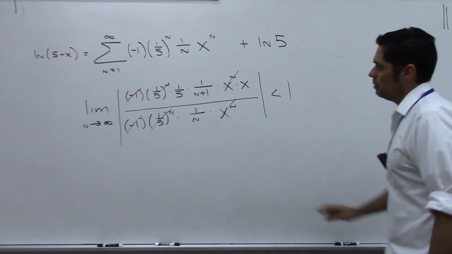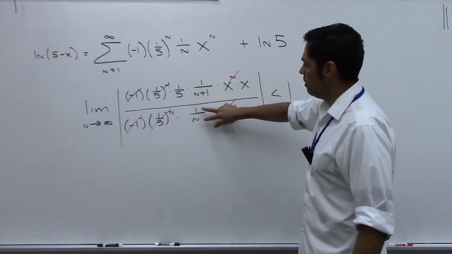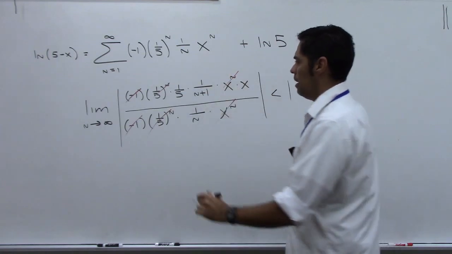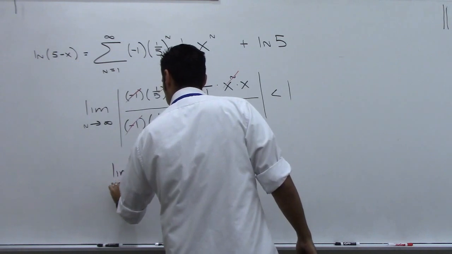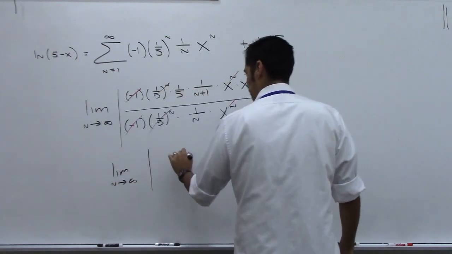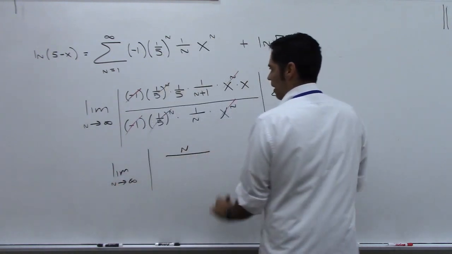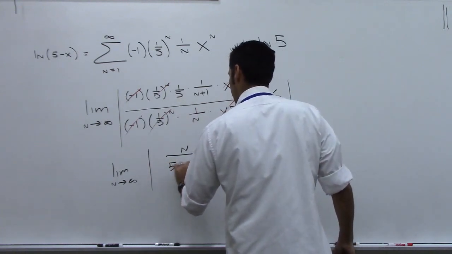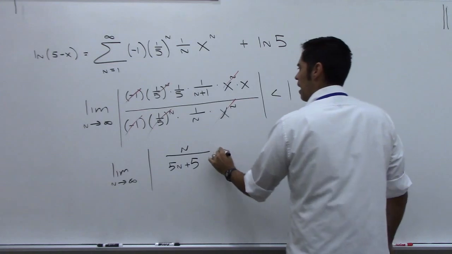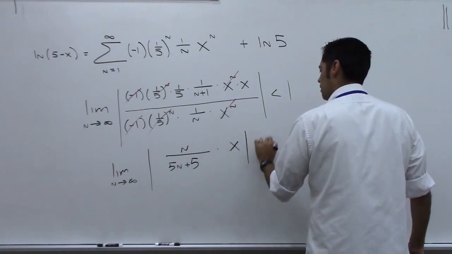And we have a fraction over a fraction, so I can flip. And so I'll get something like limit as n goes to infinity of n over, now the 5 is still on the bottom here, so I'm going to go 5n plus 5, distributing that 5 through. And then I still had an x over here, less than 1.